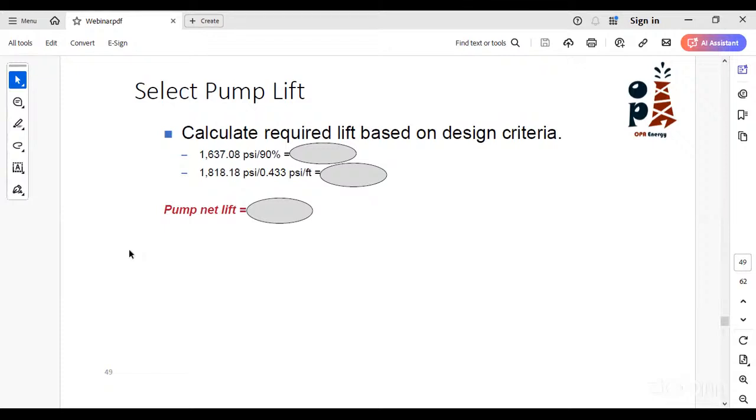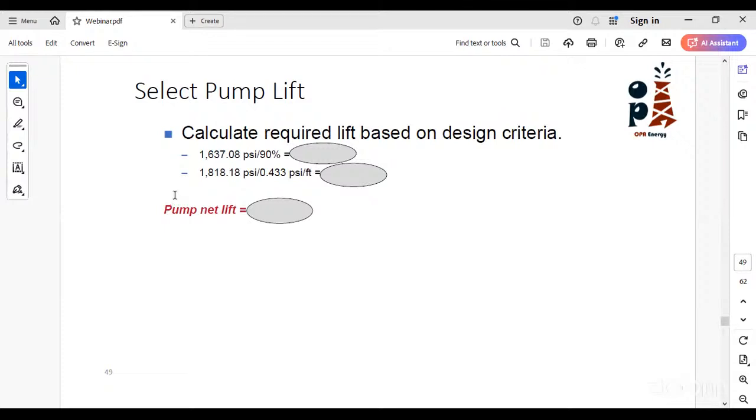This is the minimum net lift that you require from your PCP. So this is calculated in PSIs. Can you convert it? Because almost all designation of the PCP system is based on the net lift in feet or in meters of fresh water.